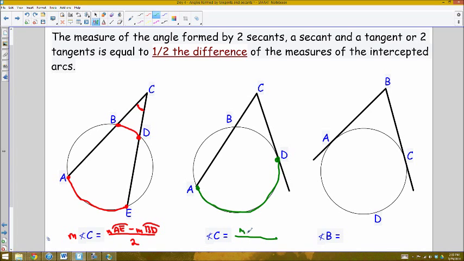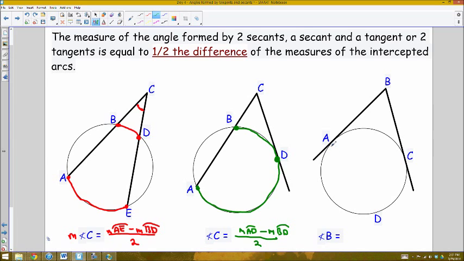So I'll have the measure of AD minus the measure of the inner one, which is from B to the next point that I intersect this angle, which is also D, so they share a point of intersection, the measure of BD, and divide that by 2.